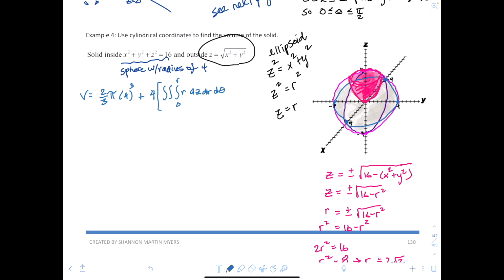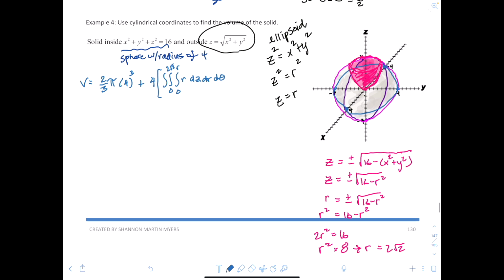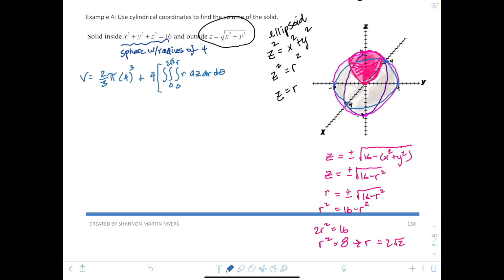Now theta, well, let's do r. R is going from 0 to 2 root 2, as we found, and we found that by finding the intersection points of the ellipsoid and the sphere.